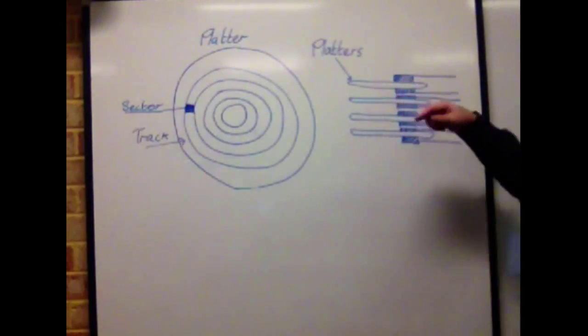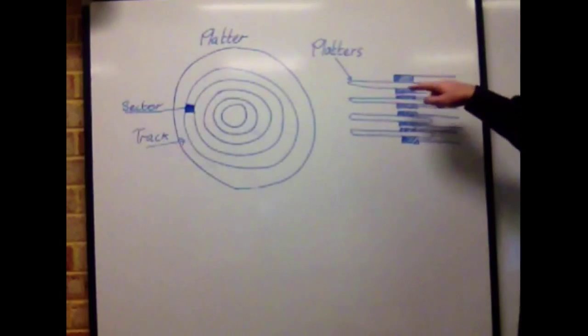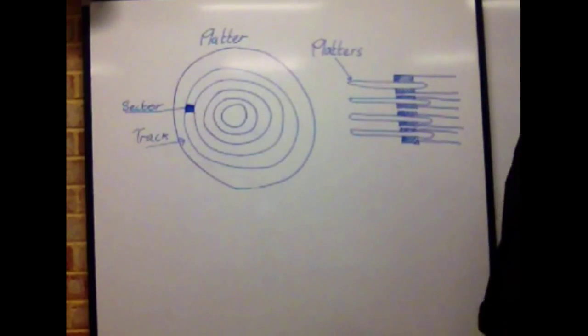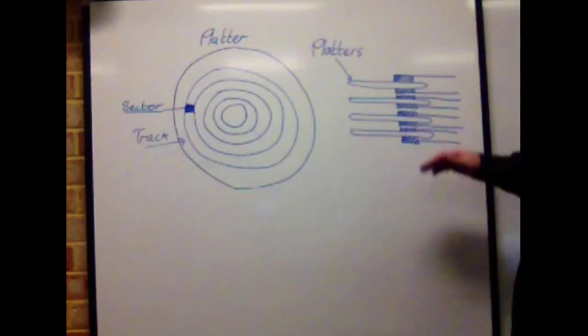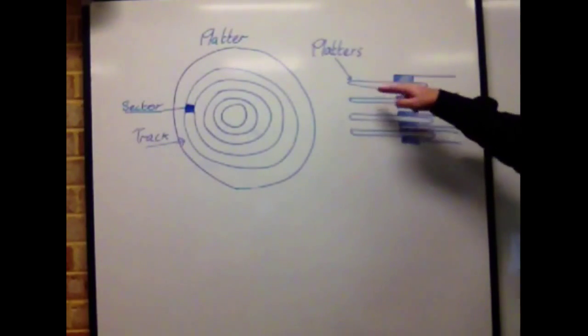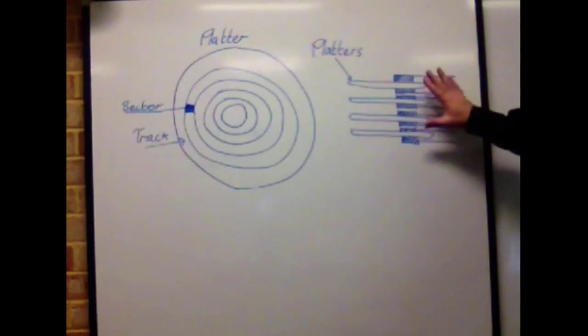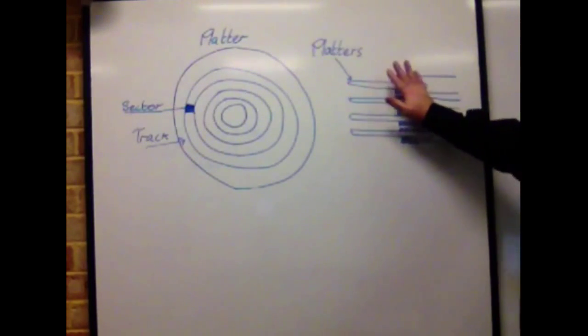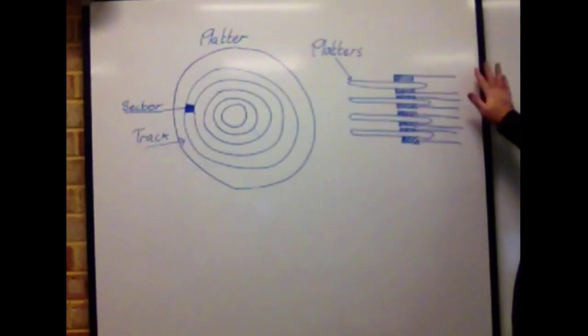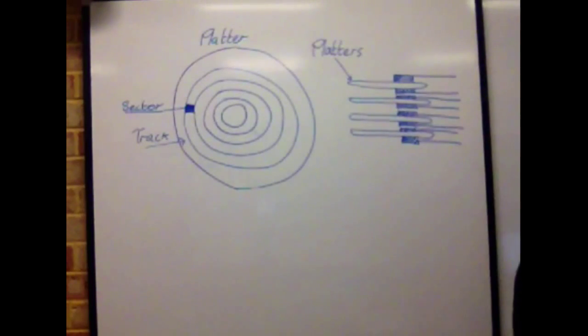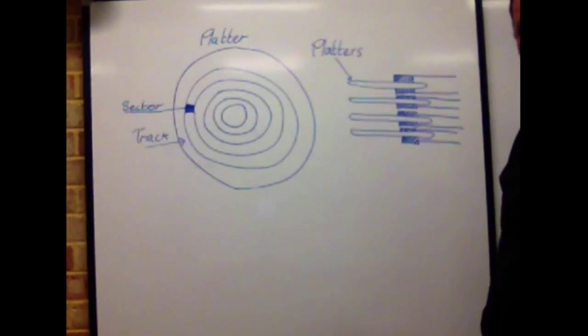Between the platters, we have these read-write heads, and information can be read both on top and beneath the platter. These read-write heads move in unison, forwards and backwards, finding the data on the hard drive as well as writing data to the hard drive.